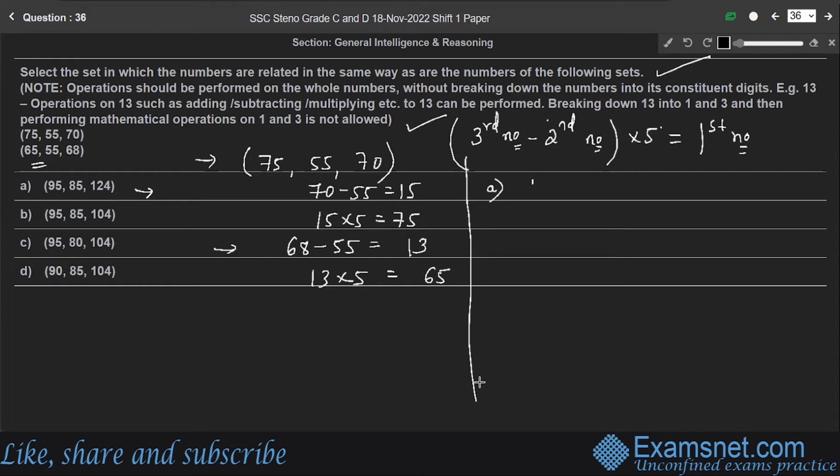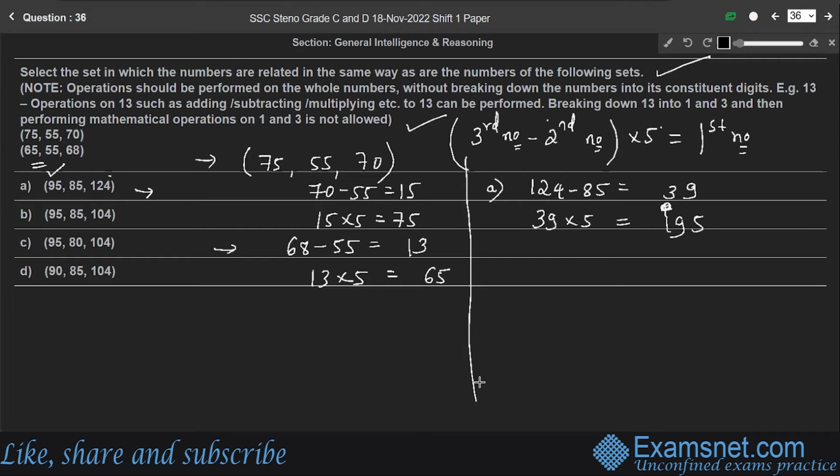Here the third number 124 minus 85 is 39. 39 into 5 is 195, which is greater than 124 and greater than 95. So here 95 is the first number.